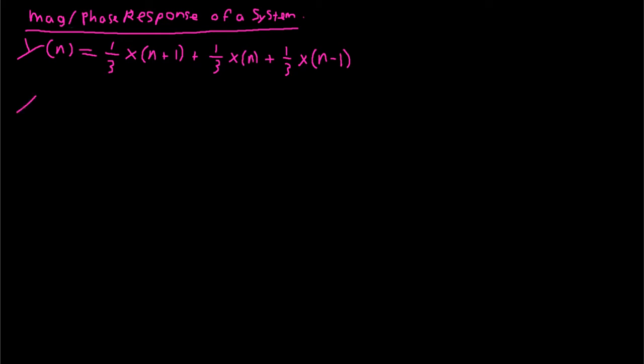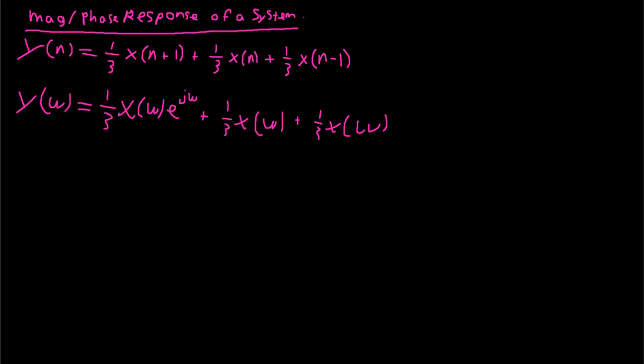So what that's going to be is we're going to have Y of w equals 1/3 X of w times e to the jw, plus 1/3 X of w, plus 1/3 X of w e to the minus jw. Now those transforms you can all find from just a basic transform table.